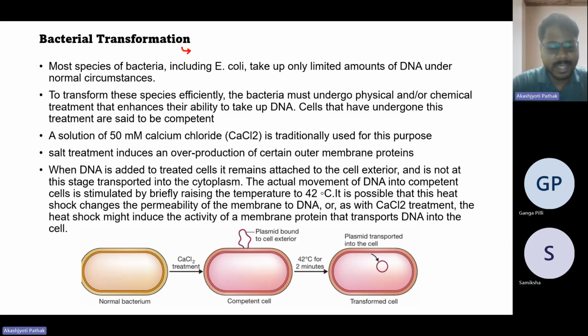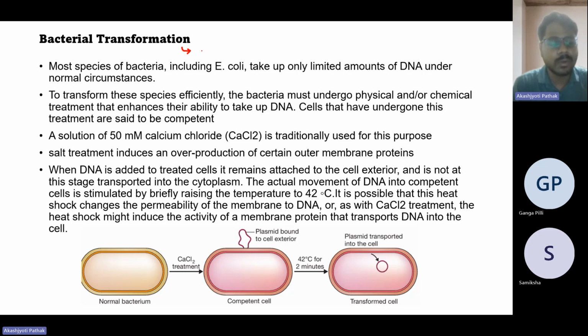Bacterial cells have this property that they can uptake the DNA which is present in the surrounding environment. But the problem is that there are only very few naturally. There are certain bacterial strains which can take up DNA very easily, but there are very few.